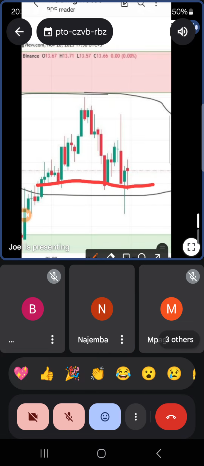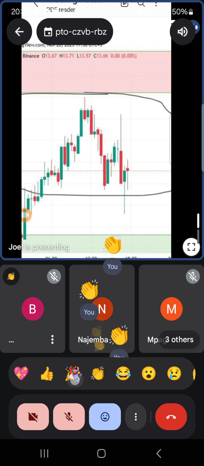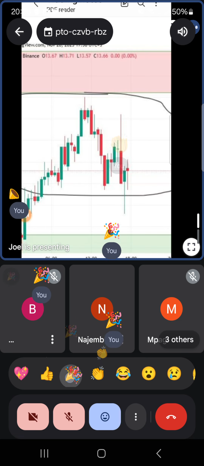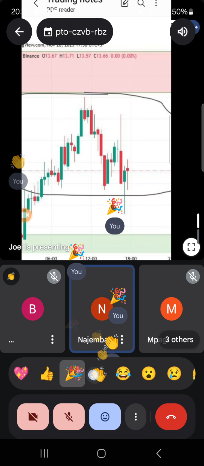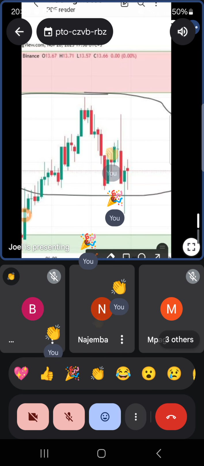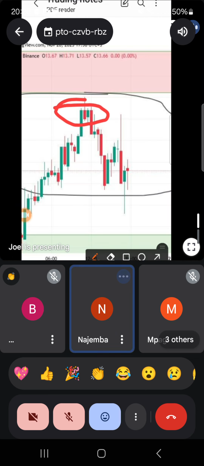You gain this perception. You learn how to see these things the more you start looking for them. Right now they are a bit confusing, so let me just stick to the simple ones. What we're seeing here, up here, is a double top.